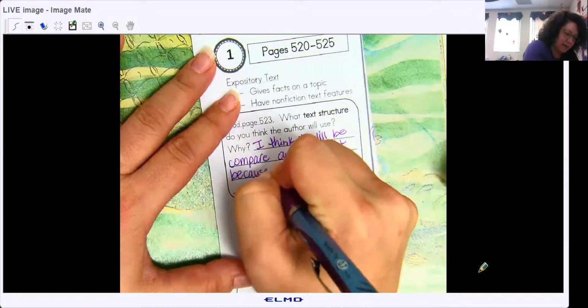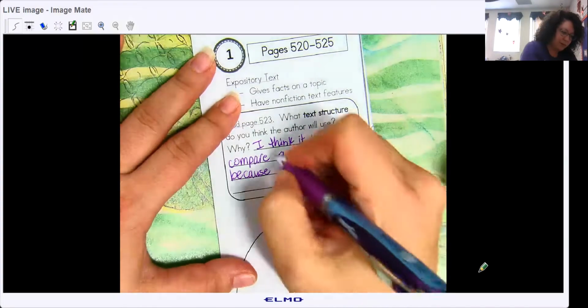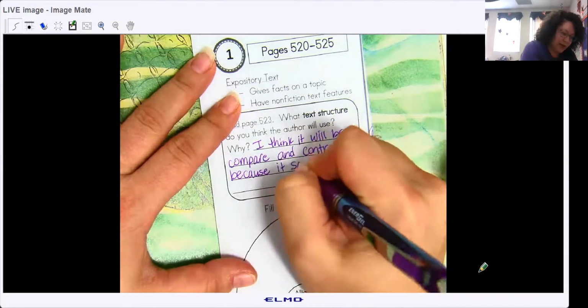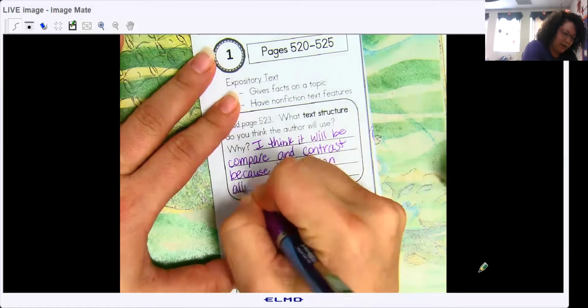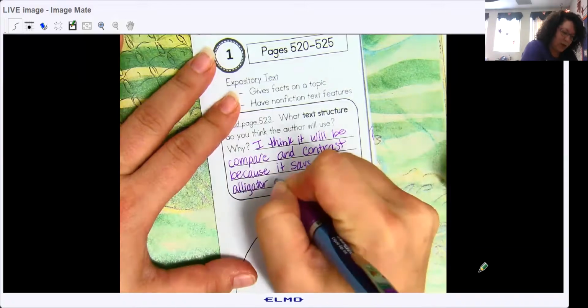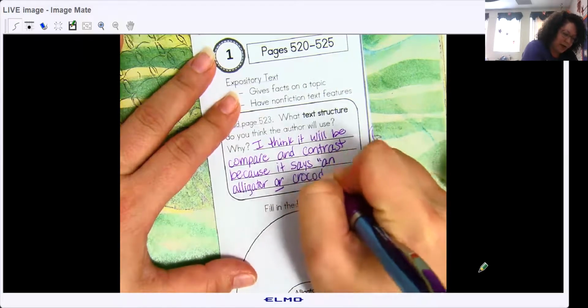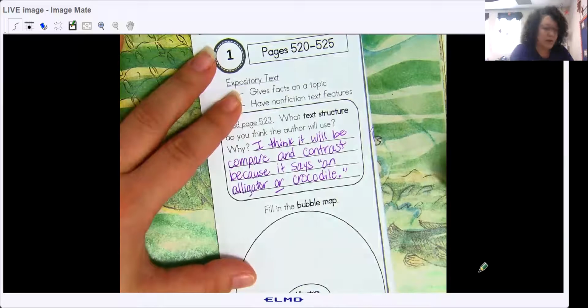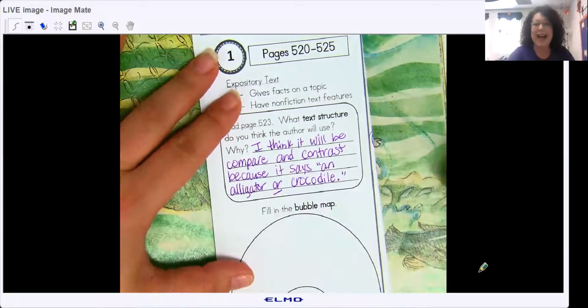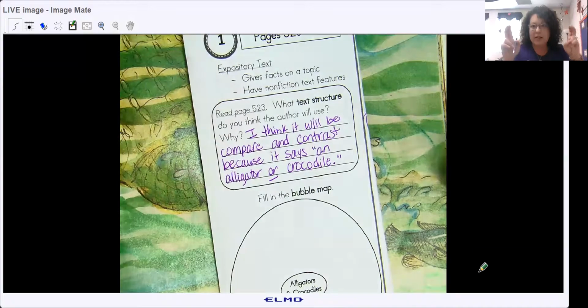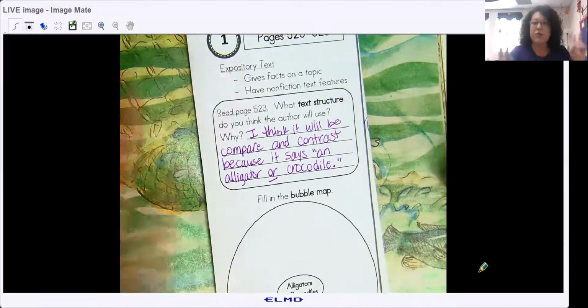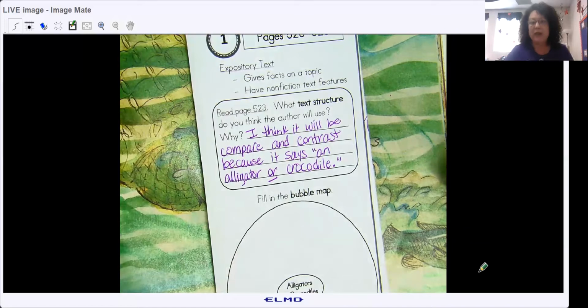Because it says "an alligator or a crocodile." Now, why did I use quotation marks there? Because that is the exact words from the text. I didn't write that, so I'm giving the author credit with the text evidence. So you use quotation marks, not just for dialogue in stories, not just for words people say, but to show that those are the author's words. You're not stealing them, okay?